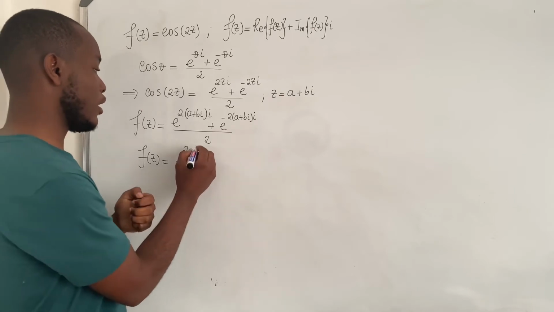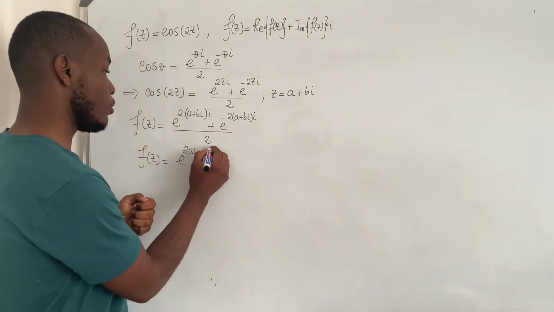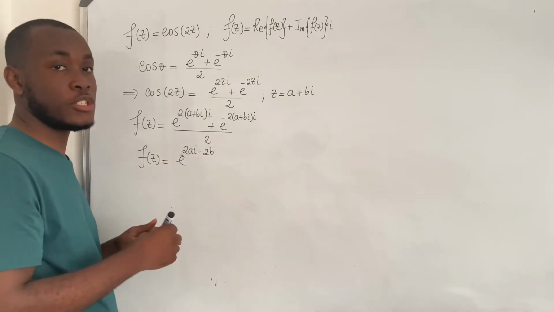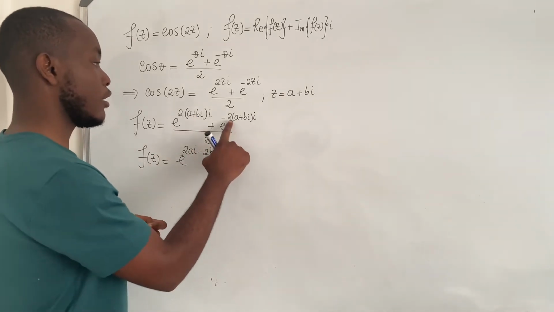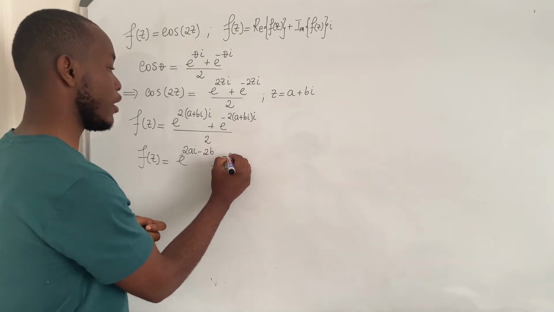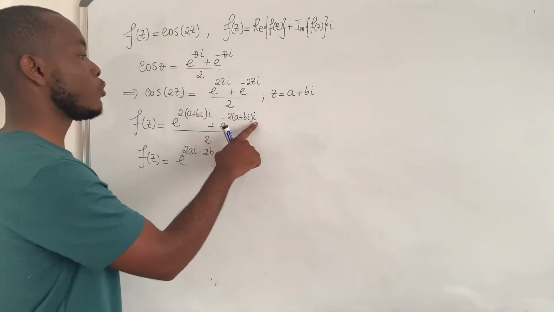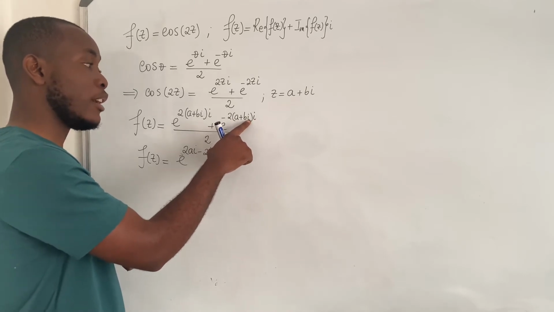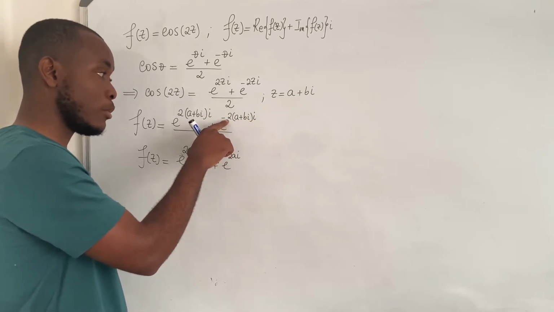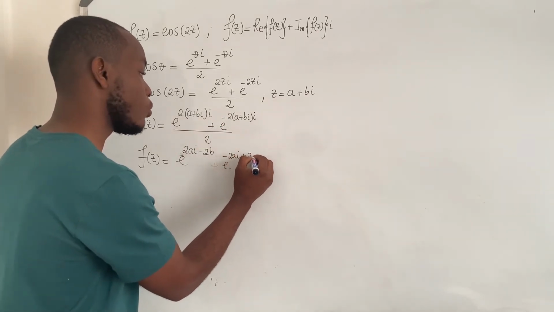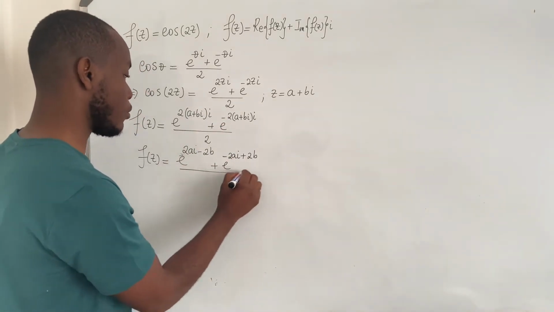So we're going to have minus 2b. Why negative? Because i squared is negative 1. So plus, then we have e to the power minus 2ai, and minus 2i times bi. i squared will be negative 1, with this negative will be plus. So we're going to have plus 2b, over 2.